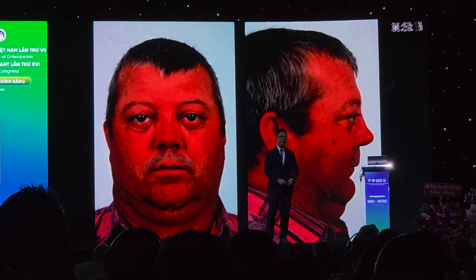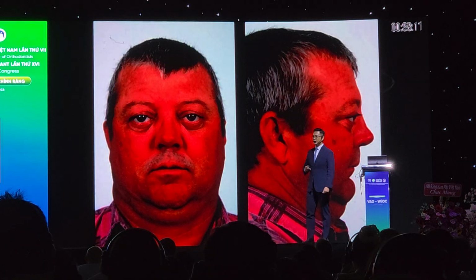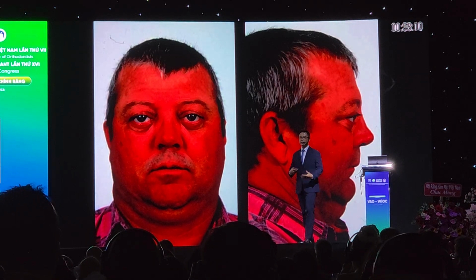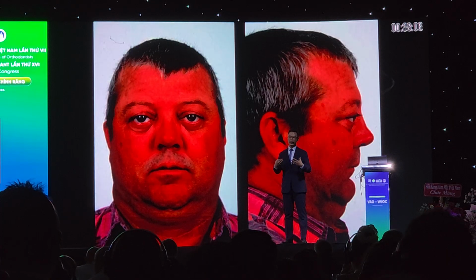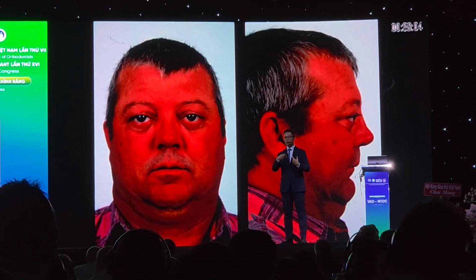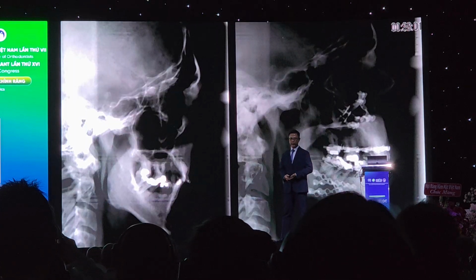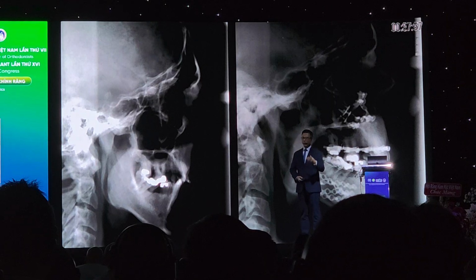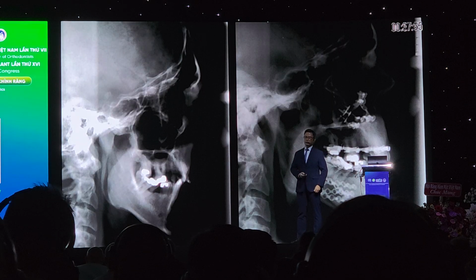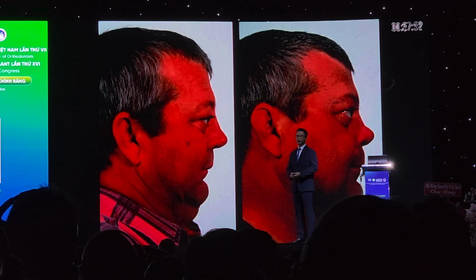So let's look at this patient. This patient is a typical middle-aged Caucasian male, a little bit overweight, and you can see the neck is pretty wide. Actually, the neck circumference is wider than his face. Class 2, and that's the x-ray before and after. We did a direct linear advancement of the upper and lower jaw forward, and his symptoms are all gone.